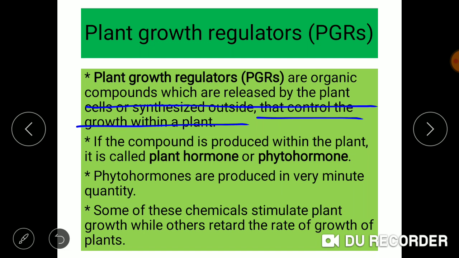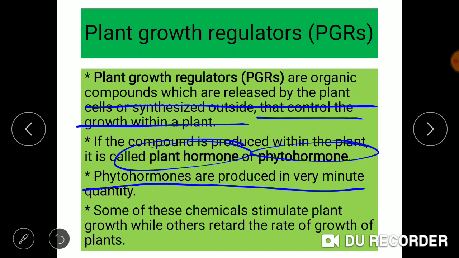If the compound is produced within the plant, it is called a plant hormone or phytohormone. Phyto means plant, so we are talking about phytohormones. The phytohormones are produced in a very minute quantity. Some of these chemicals stimulate the plant growth while others retard the growth of plants.